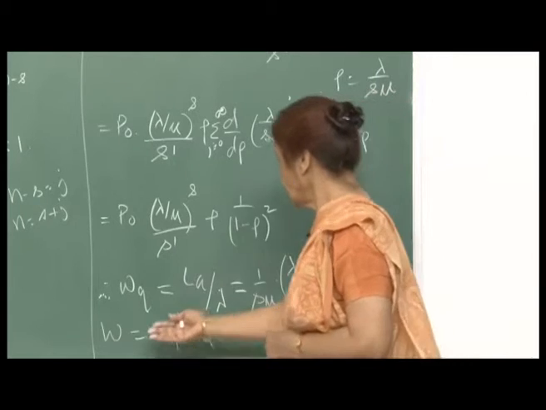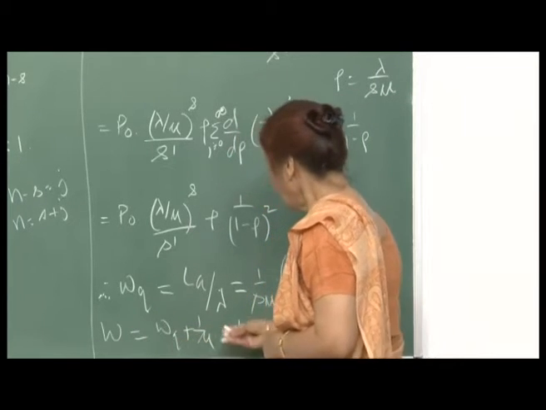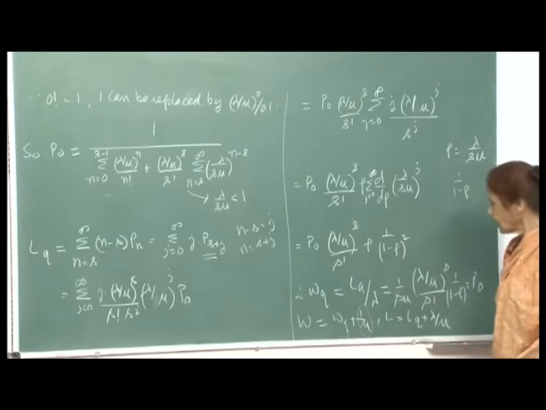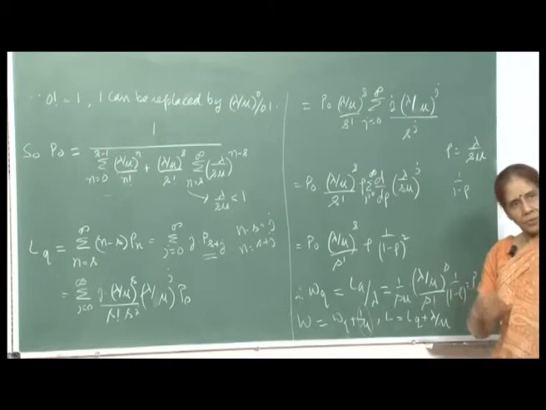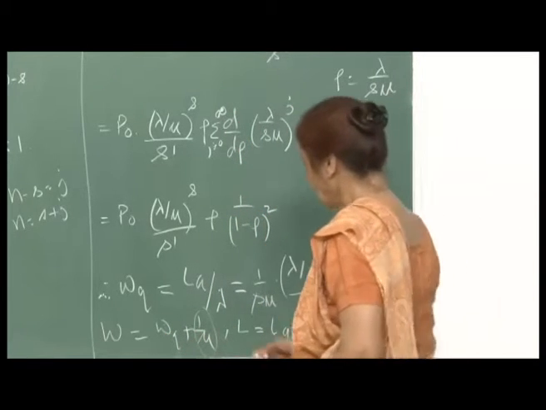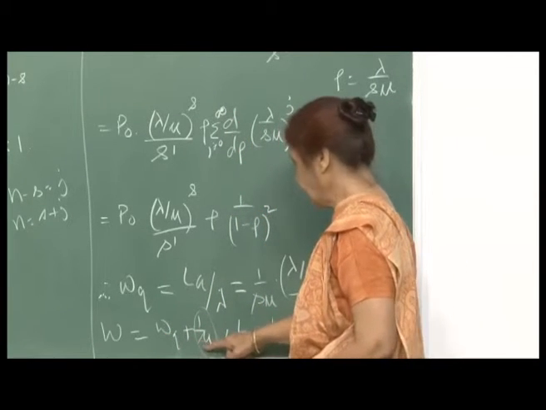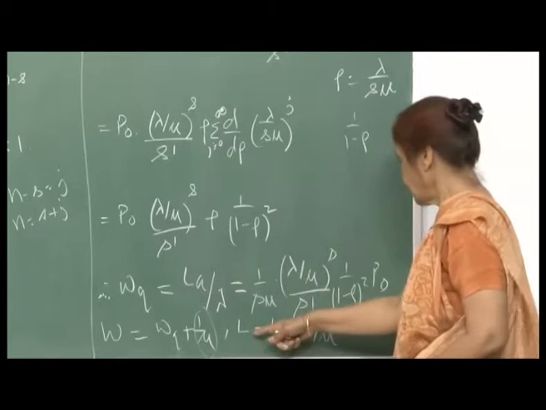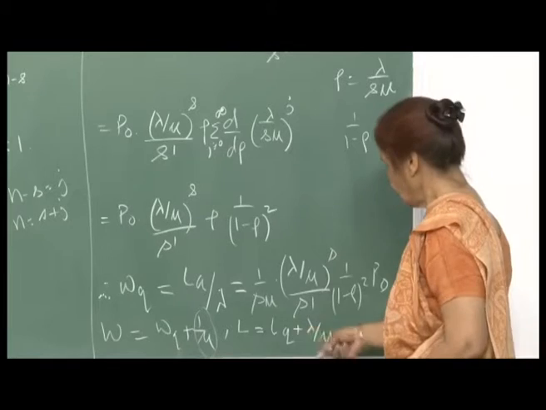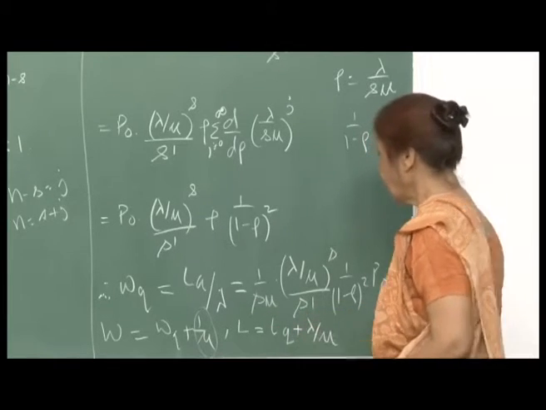Then WQ plus, and remember the difference between W and WQ will still be that of one service, because your departure from service is 1 at a time. So, therefore, this will not be 1 by S mu, it will be 1 by mu, right. And similarly here, L will be LQ plus lambda by mu. So, keeping that in mind, you have all these relationships.